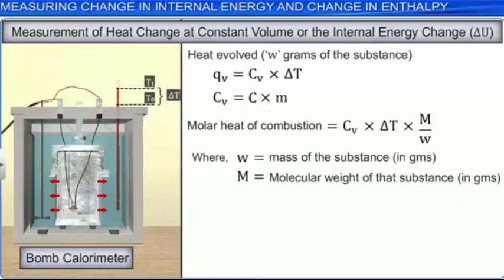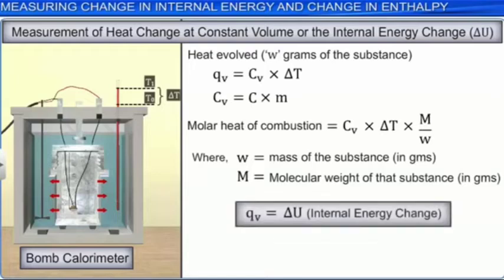As the above reaction is carried out in a closed vessel, therefore, heat evolved is the heat of combustion at constant volume and is a measure of internal energy change delta U.